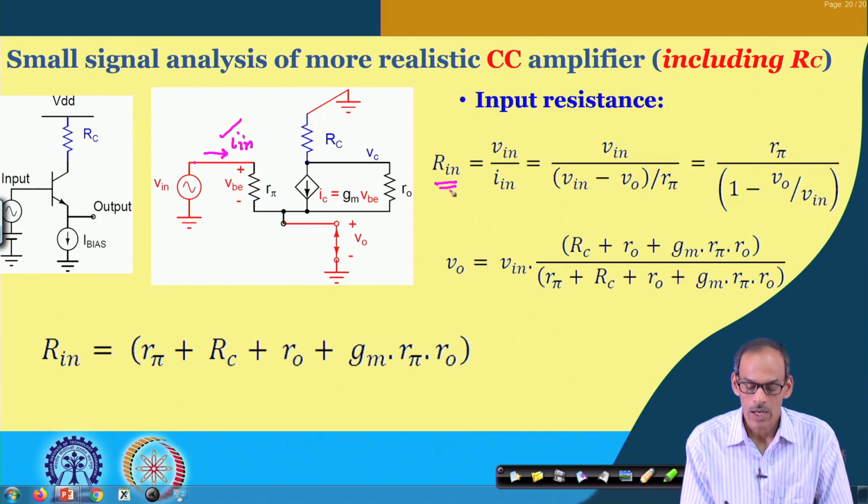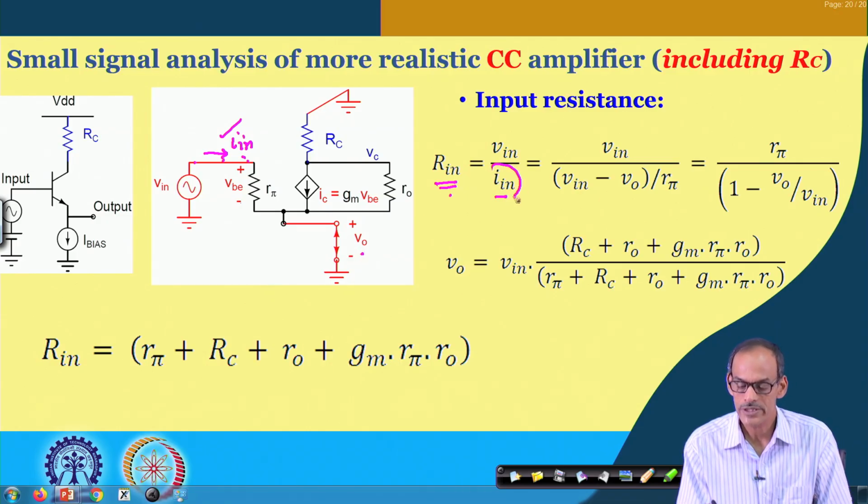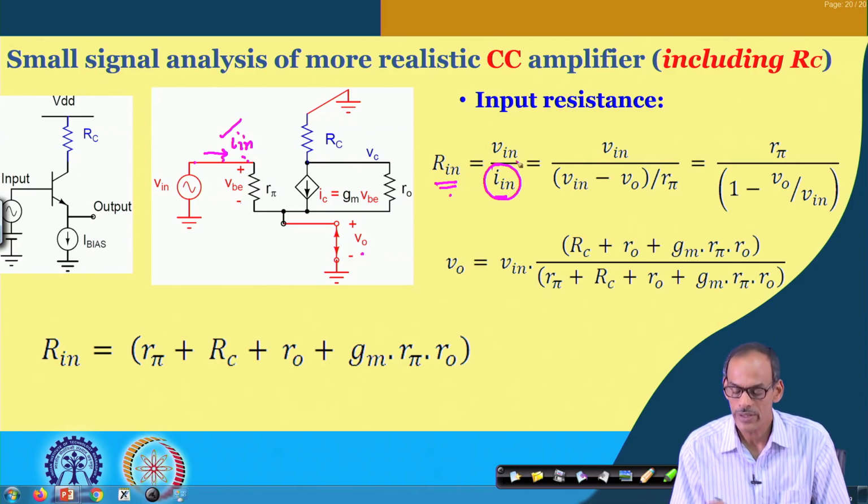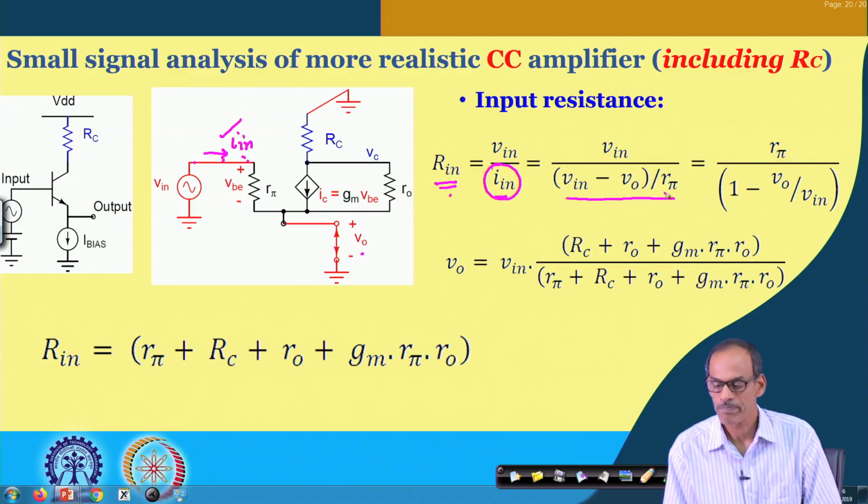So, R in is V in divided by I in, whereas I in is the base terminal current, and base terminal current is V in minus V O divided by R pi. So, the expression of I in is V in minus V O divided by R pi.